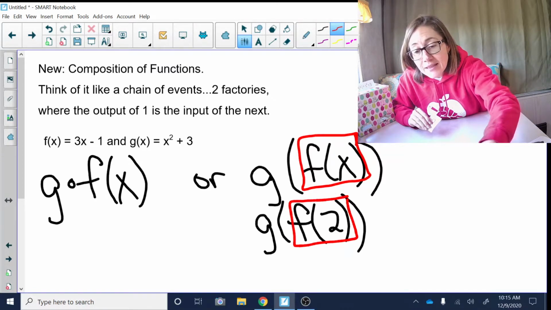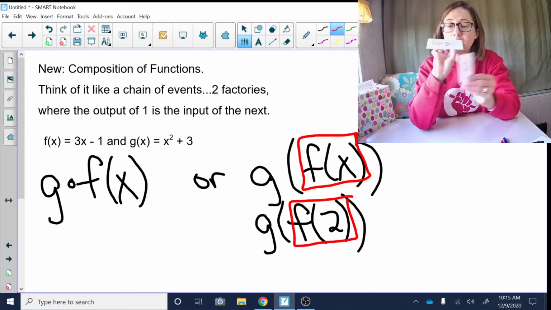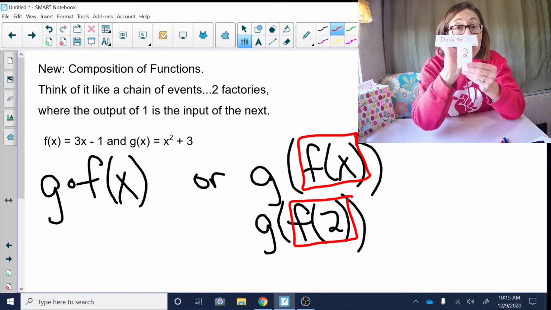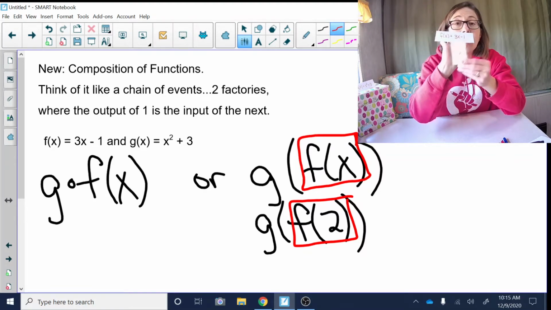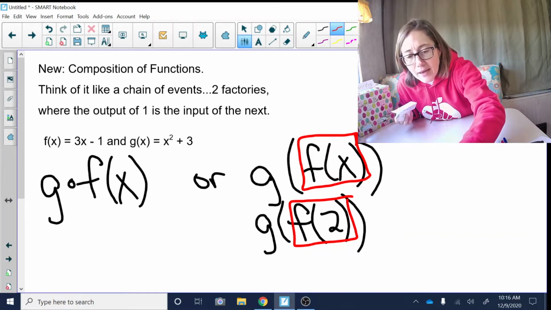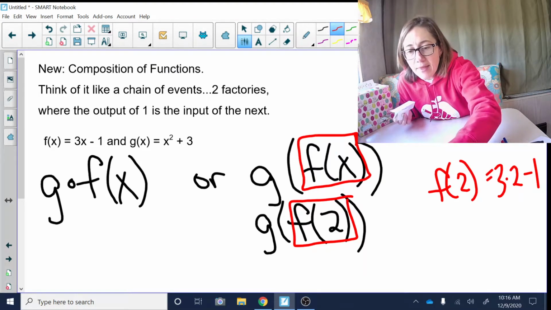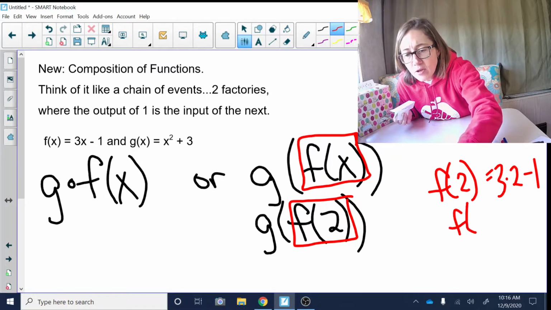Starting on the inside part, I put the 2 in for the x, and I got an output of 5. So off to the side, I could say that I'm finding f of 2, that it equals 3 times 2 minus 1, and that equals 5. So f of 2 equals 5.